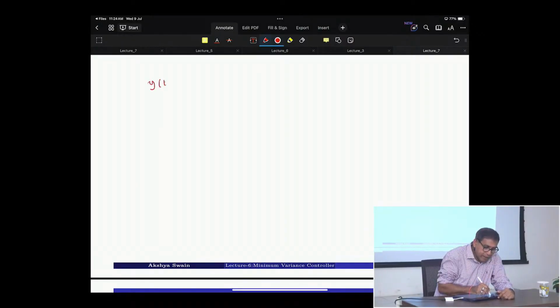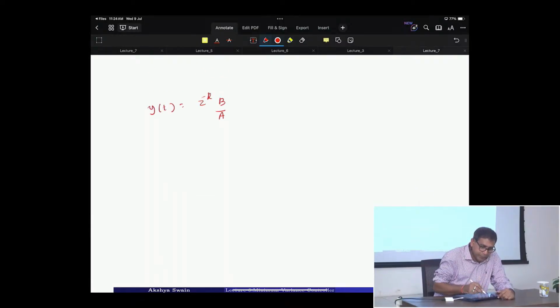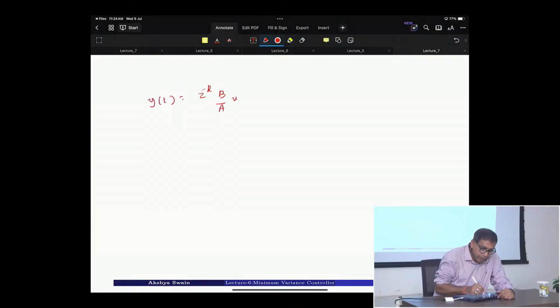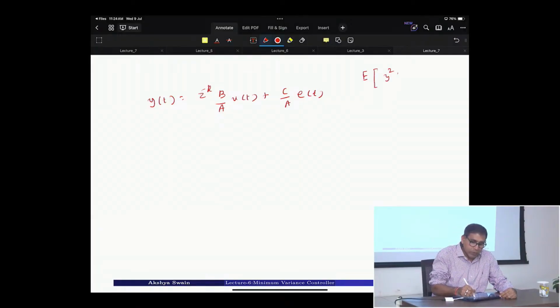y t, I'm again writing here, equals z to the power minus k b by a u t plus c by a e t. Minimum variance controller essentially minimizes the variance of the predicted output, y square t plus k.